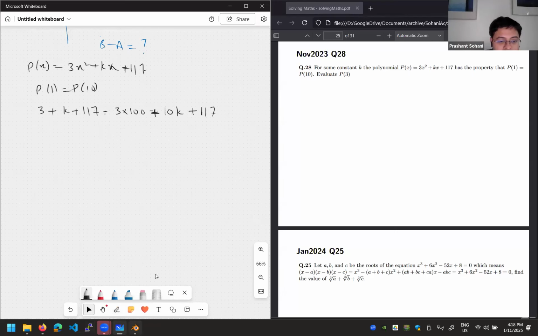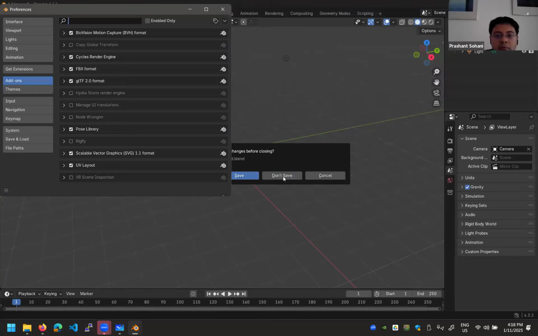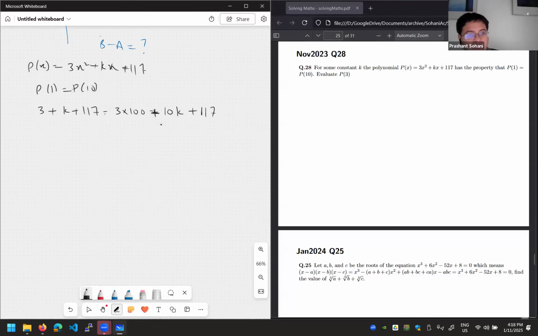Okay. And so here you see 117 is just going to cancel. So I'm directly going to get the equation of 9k is equal to minus 297, so k is simply this divided by 9, which is minus 33. So therefore I know the polynomial. The polynomial is nothing but 3x square minus 33x plus 117.